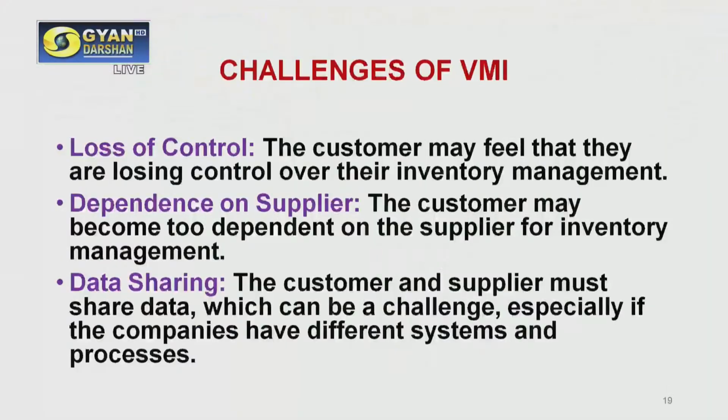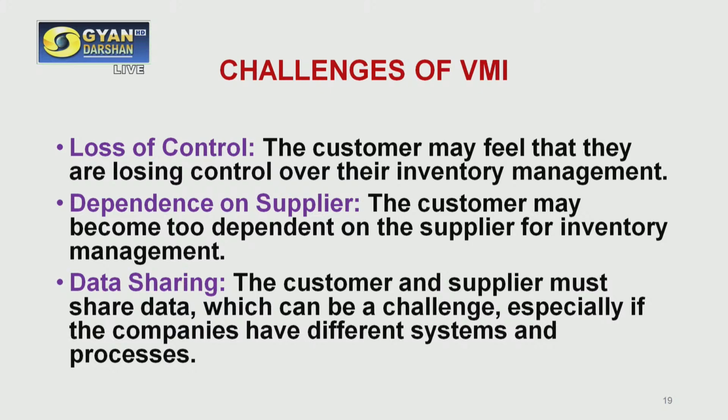But there are some challenges also. When the vendor is managing the inventory at the retailer, the retailer is losing control to a certain extent because his inventory is being managed by the vendor.